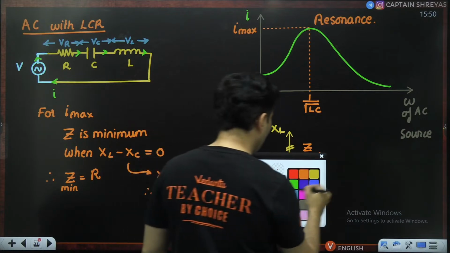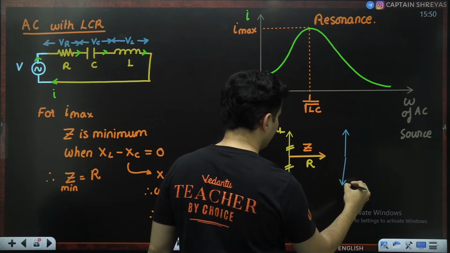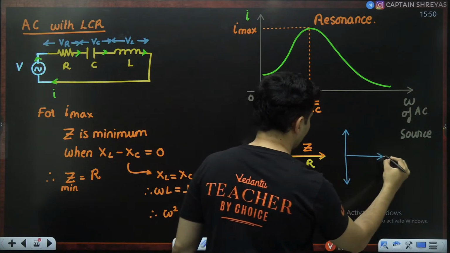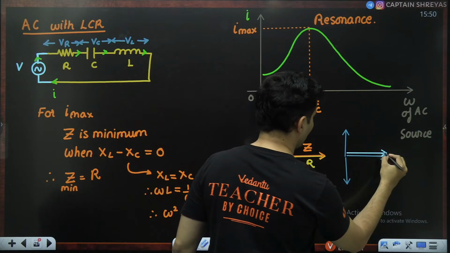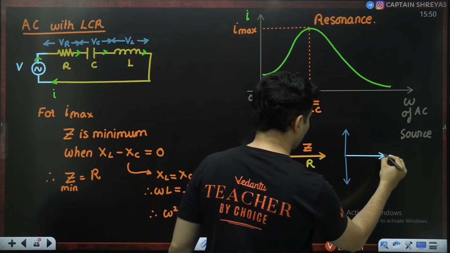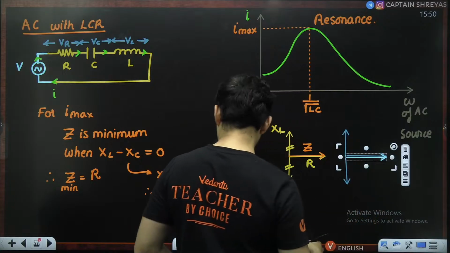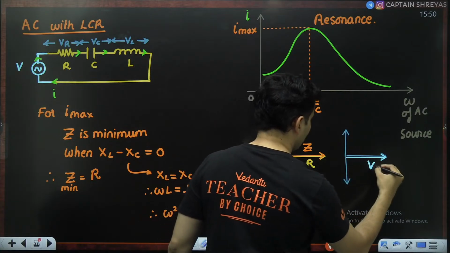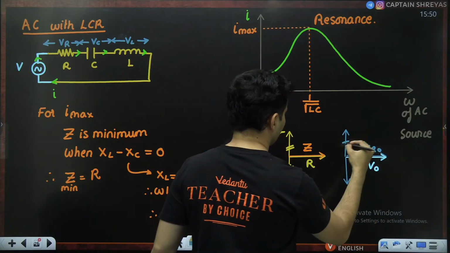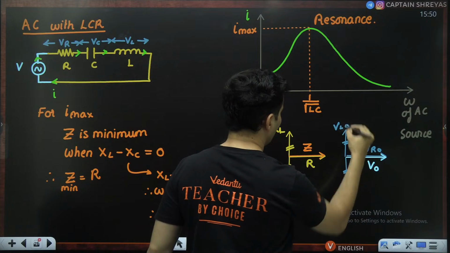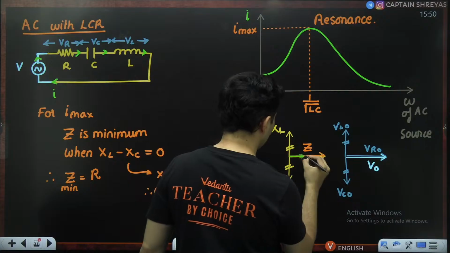If you similarly draw for voltages also, VL, VC, VR, this is the total voltage. So this is V naught, this is VR naught, this and this will be equal. This is VL naught, this is VC naught. Obviously, the current phasor was somewhere here.